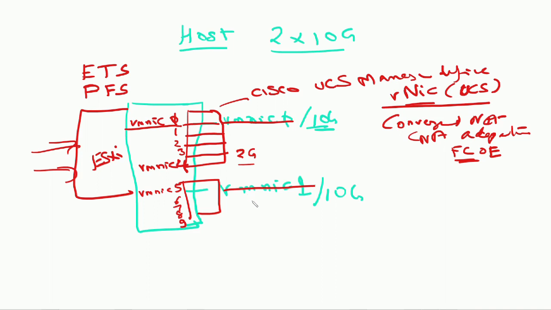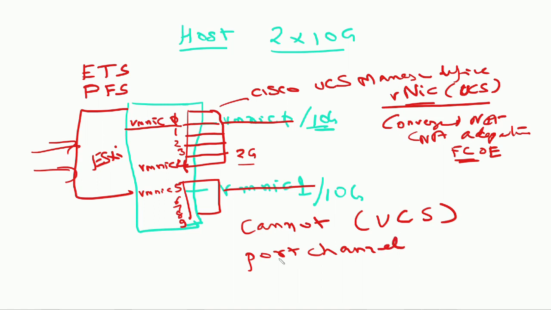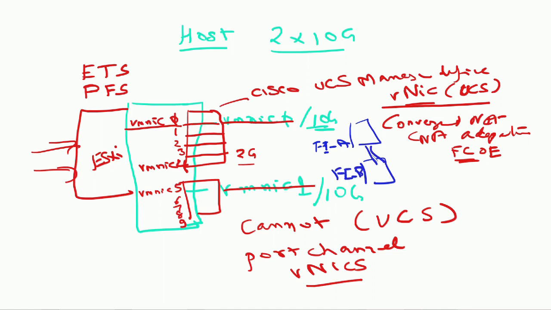The only downside here is that, and I'm talking UCS here, you cannot port channel these VNICs. Because these are virtual, and the uplink connections go to the FIs. So you usually have your 2 FIs, FI A and FI B, and this is your upstream.